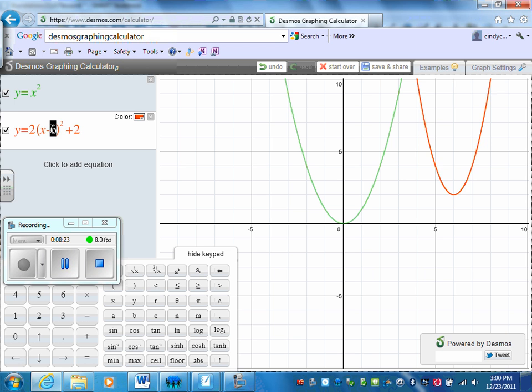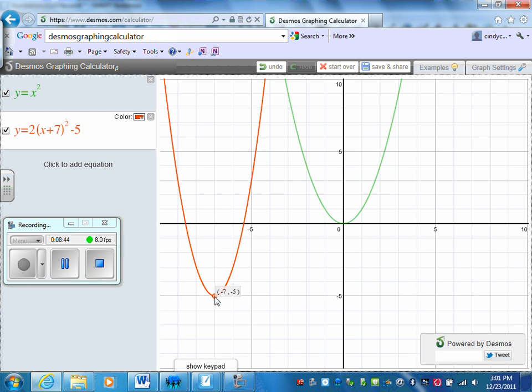Let's go +7 and -5. My vertex is at -7 and 5. My axis of symmetry is x equals -7.